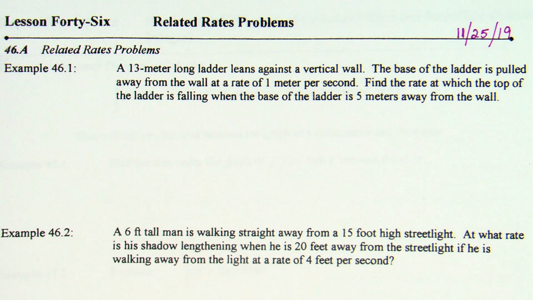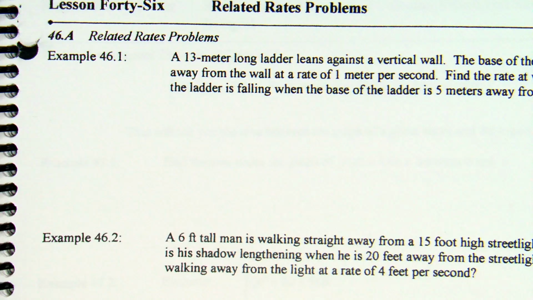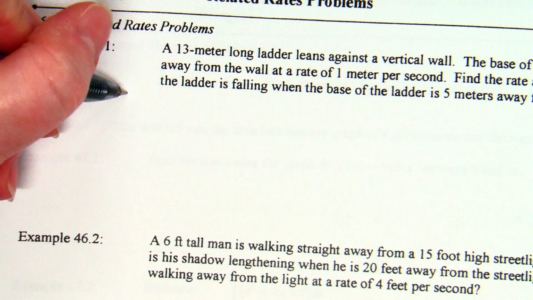Okay, guys. Picture here. We have what going on? Sorry, a straight wall like this, and another 13-meter long ladder leaning up against that vertical wall. So what shape am I going to be forming? A triangle. You guys see that right triangle happening?